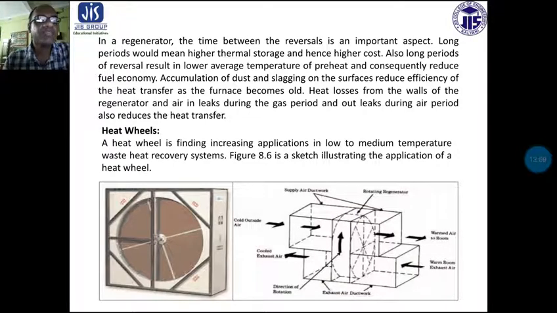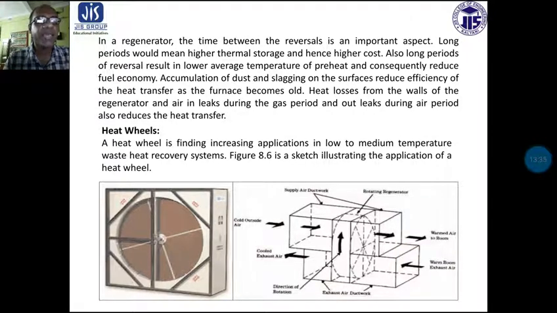A variation of the heat wheel is the rotary regenerator, where the matrix is in a cylinder rotating across the waste gas and air streams. The heat or energy recovery wheel is a rotary gas heat exchanger which can transfer heat from exhaust to incoming gases.